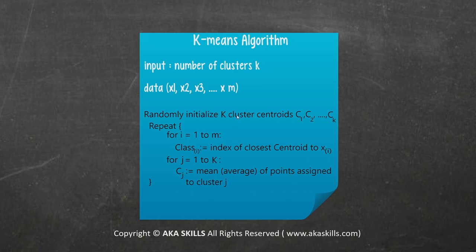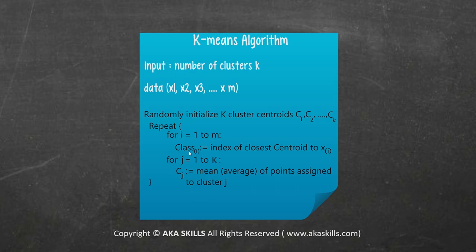We loop for all our data points, from 1 to m, that means from x1 to xm. What do we do? The class of the data point i, for example the class of x1, we assign to that class the index of the closest centroid to x1.